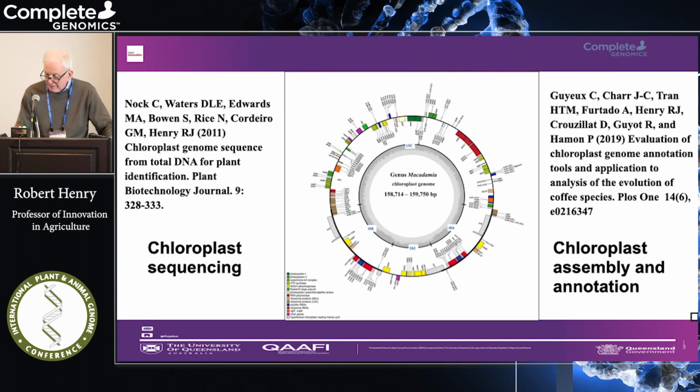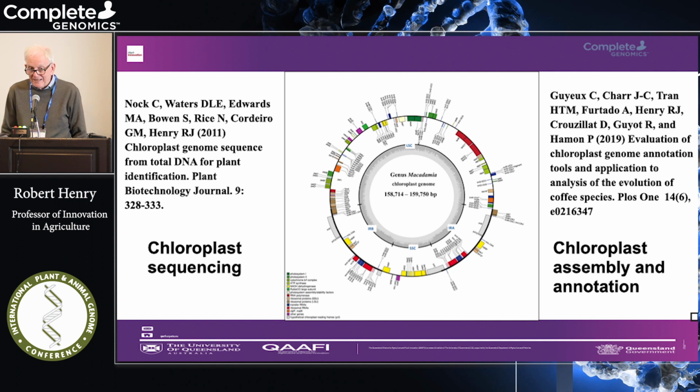So when we have this data, there's lots of things we can do with it. One of the things we always do is a nuclear gene phylogeny, where we take 100 or so conserved angiosperm genes and do a phylogeny of the nucleus. But the thing that we get as a bonus always when we have short read sequencing data is the chloroplast genome.